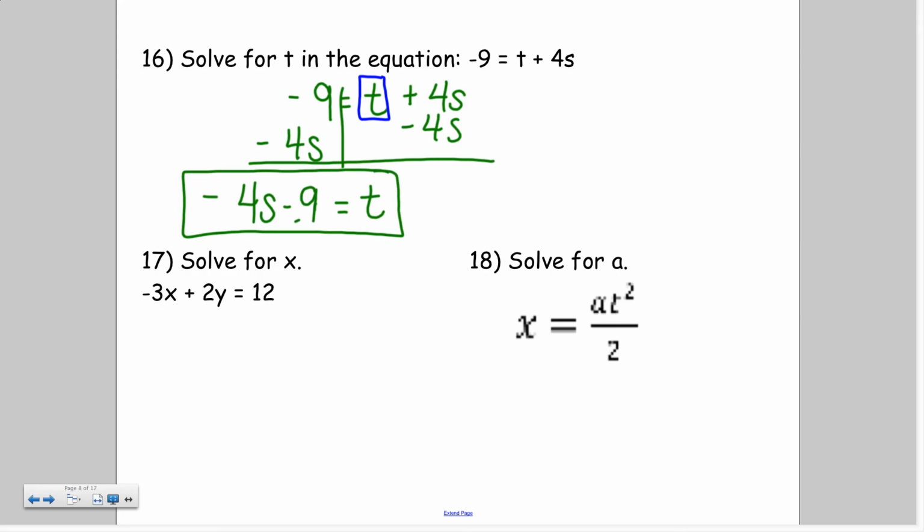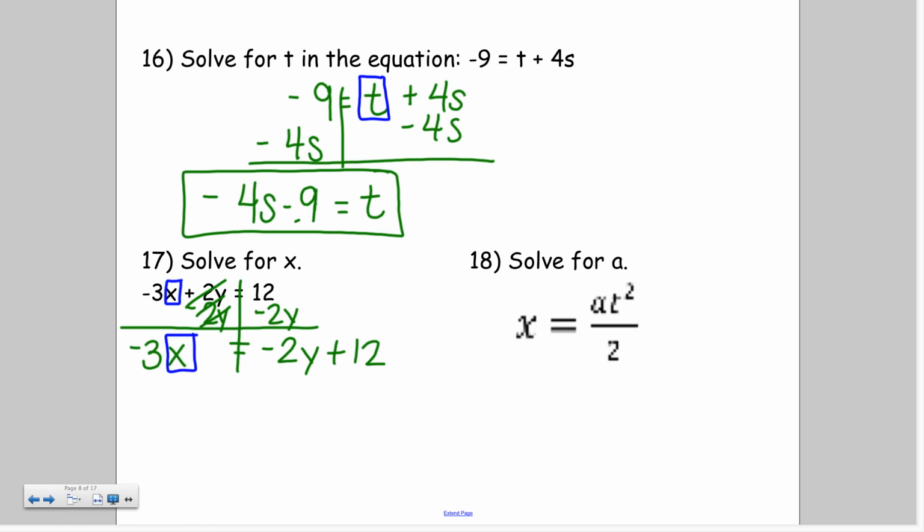All right, number 17. I'm solving for x. So I'm going to add or subtract 2y from both sides. This gives me a negative 3x. 2y minus 2y is 0. Then I have 12 minus 2y. I can't combine those, so I'm going to do negative 2y plus 12. Now, if you write it 12 minus 2y, it's the same thing.